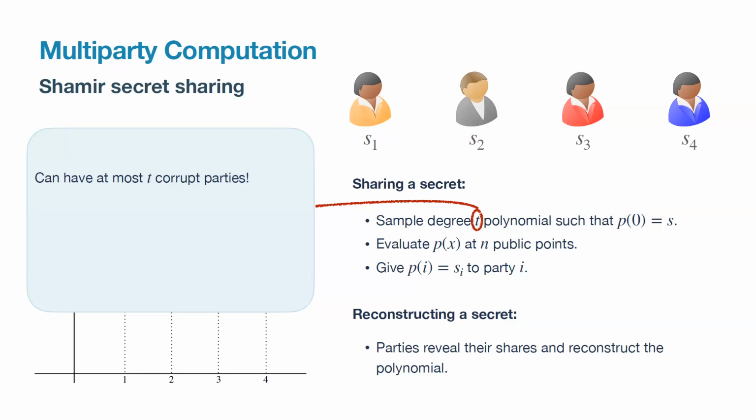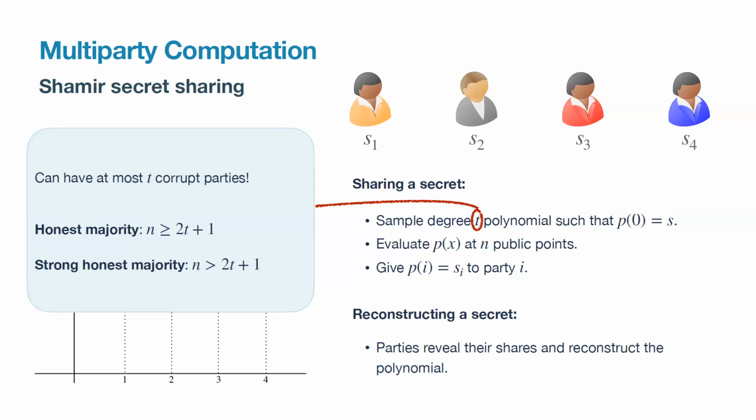So if the degree is t, then we can allow at most t corrupted parties. But we also know that to do multiplication with Shamir, we need to have an honest majority. So we need the total number of parties n to be at least 2t+1. And of course, if we want to allow the maximum number of corruptions possible, then we can set n exactly the same as 2t+1. But here we are actually interested in the strong honest majority setting, where n is strictly greater than 2t+1.